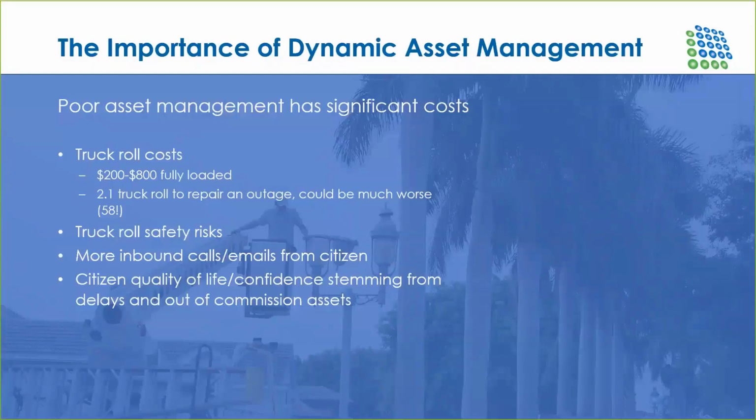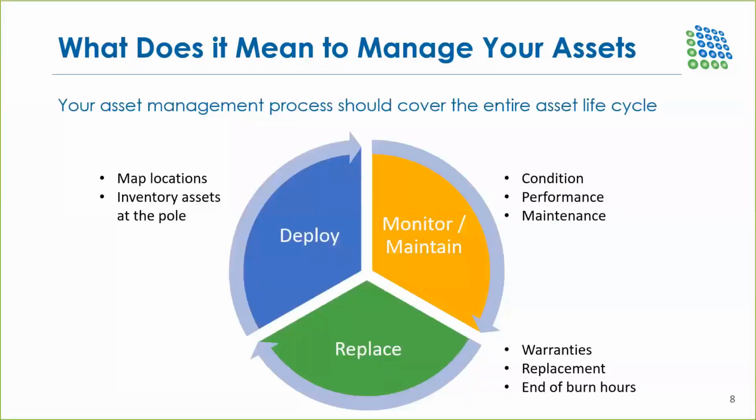Imagine, if you will, and we'll show you how you can do this, that you are proactive and can see outages before the citizen does and take action to fix them before the citizen even recognizes that there's a problem. So it's quite a different experience for the citizens within the town. Those are some of the reasons to pay attention to asset management, and why it's important.